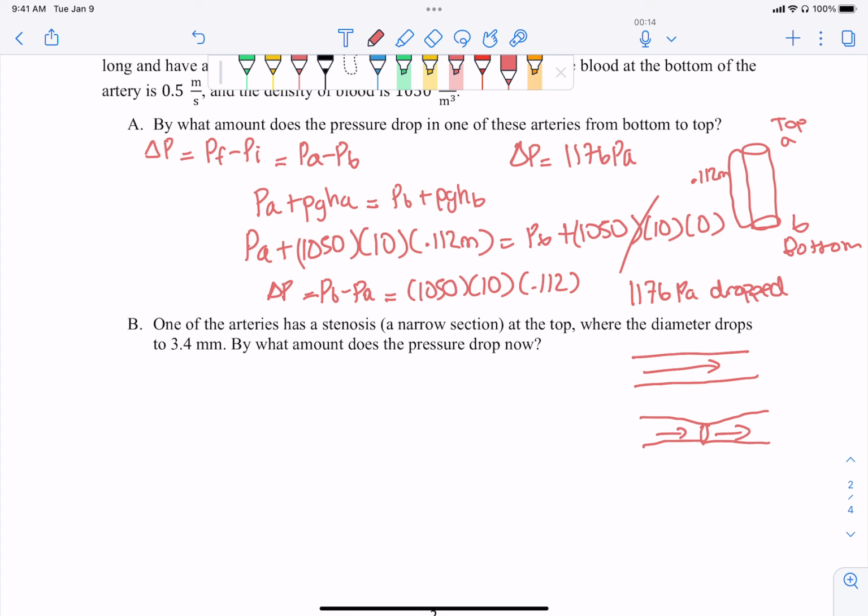So when you have blood flow, right, there's a specific equation for that. There's amount of volume per unit time, and then there's a flow where we say the area times the speed, or the velocity.